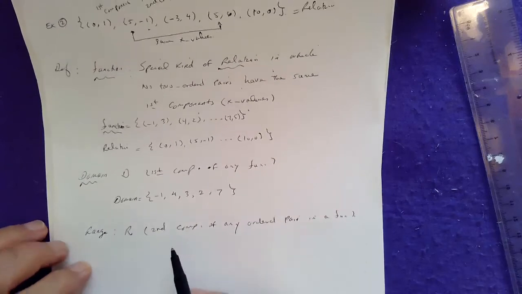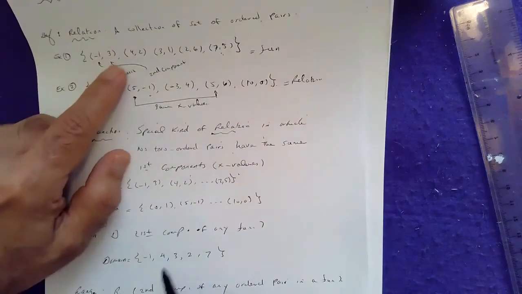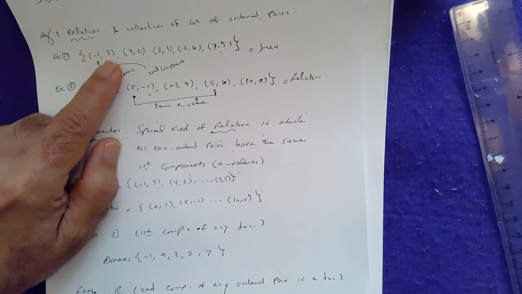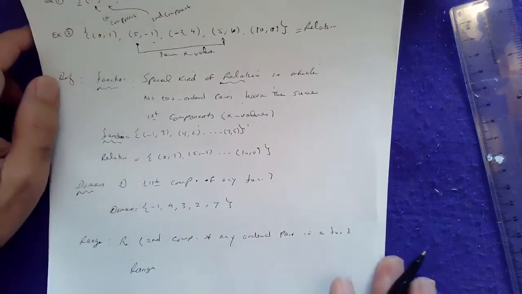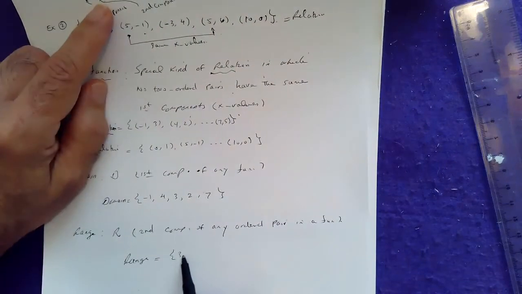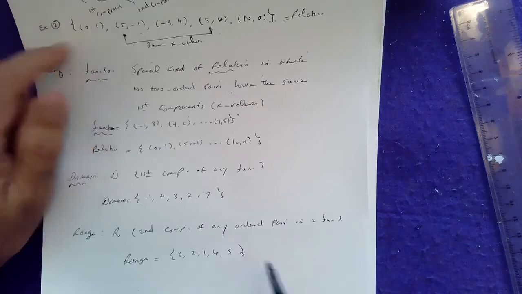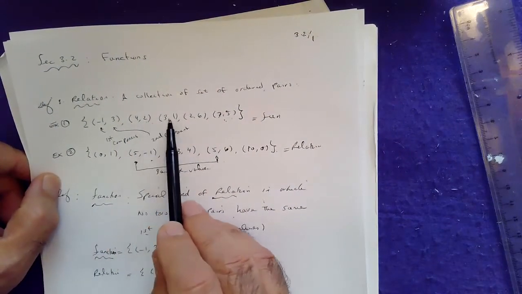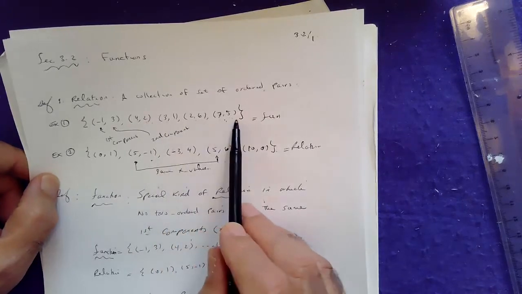So in this case, the range of this function happens to be the second components, which are the y values. So I would say the range is 3, 2, 1, 6, and 5.